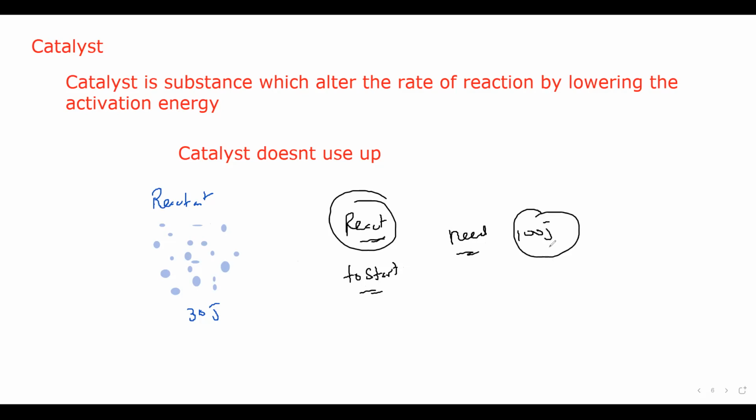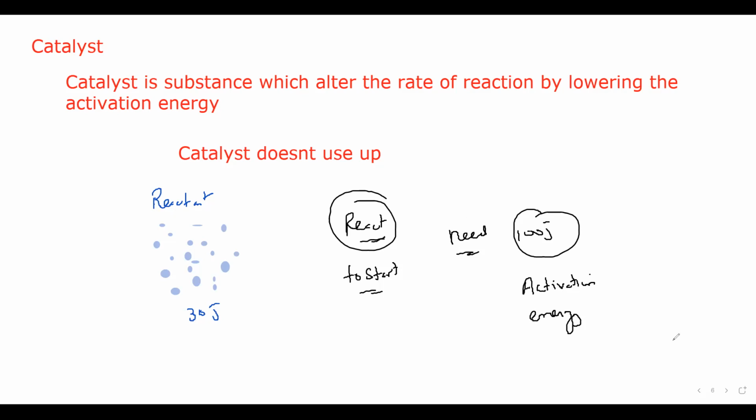This 100 joules of energy, we call that the activation energy, because without this energy they cannot react. So reactant particles have energy, but they need some more energy to reach the activation energy. So the reactant particles will not form a product, or they will not react.